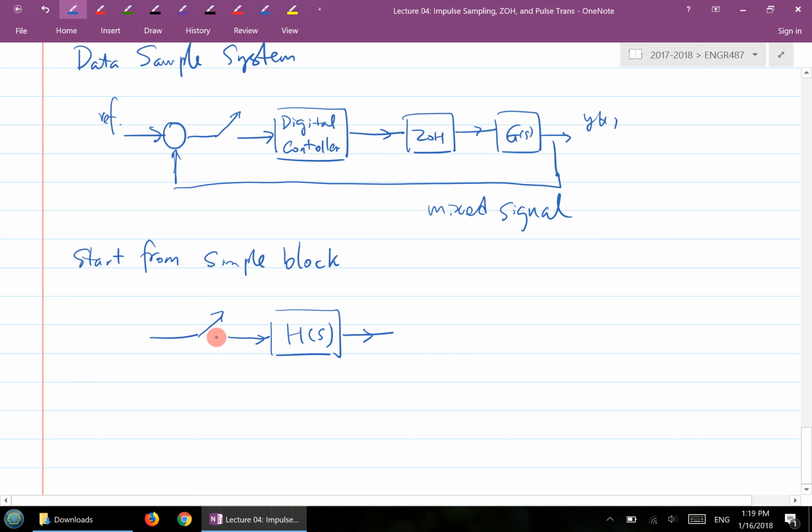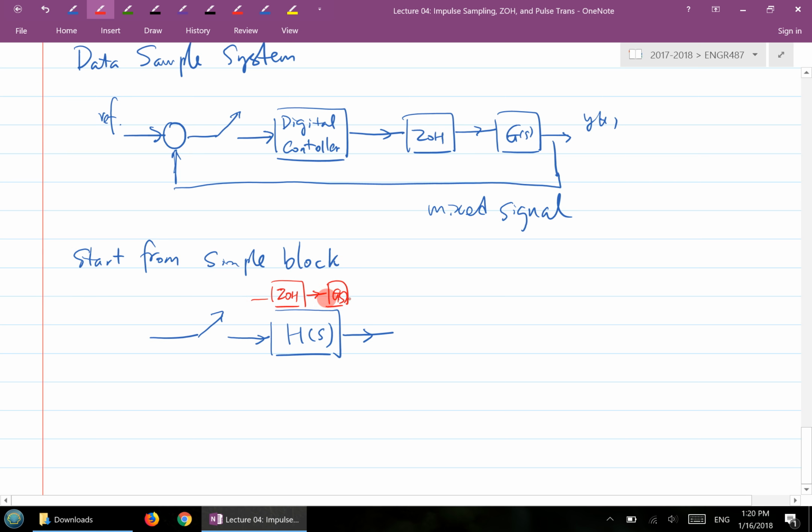It consists of just one impulse sampler and then one continuous block H of s. This block could be a combination of two blocks: a zero order hold and a plant.